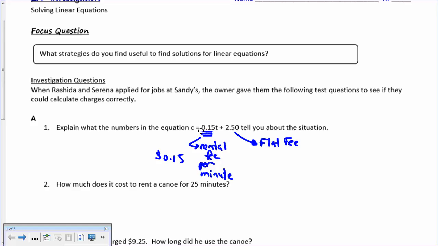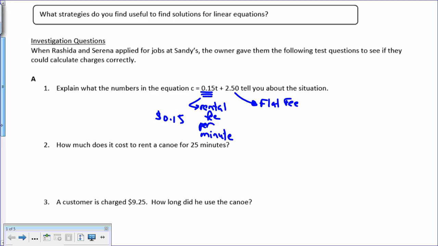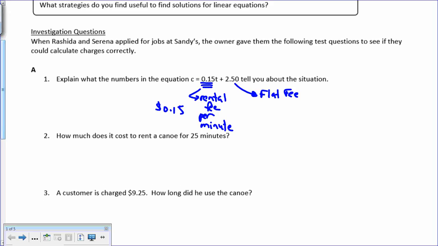All right. So now we understand what the equation means. How do we use it? Well, how much does it cost to rent a canoe for 25 minutes?